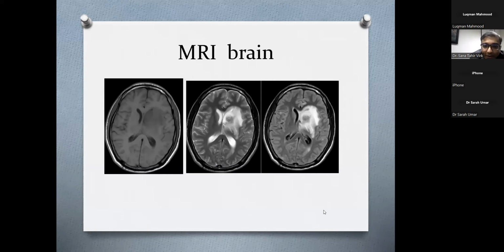So can anybody explain the findings in this case? We can see an irregular, ill-defined area in the left periventricular region and left capsuloganglionic region. Absolutely. Slightly hyperintense on T2 FLAIR, and slightly heterogeneously hyperintense on T1 as well.